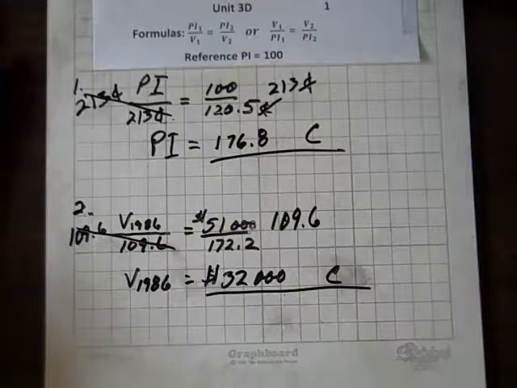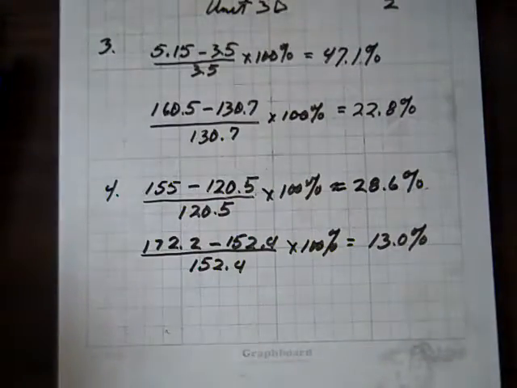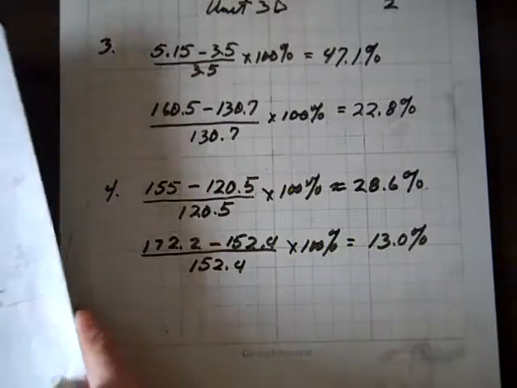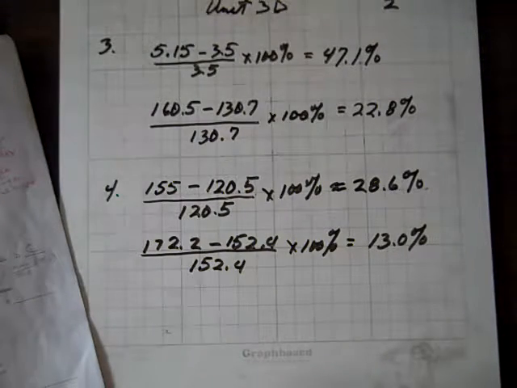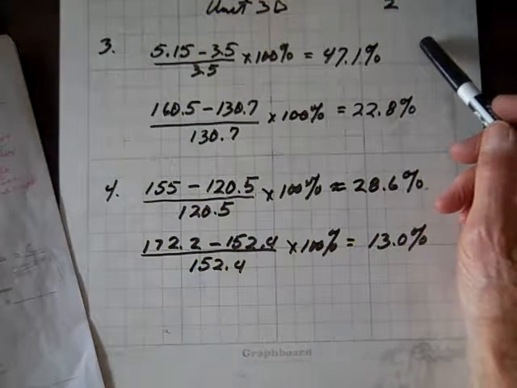So now, let's do 3 and 4. For 3, we have to find the relative change in the minimum wage for the years 90 through 97, and then the rate of inflation for those years, and we're going to use the price indexes to find those rates of inflation.